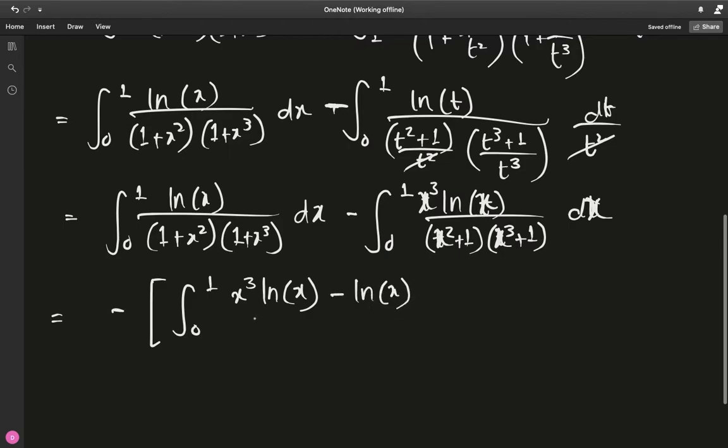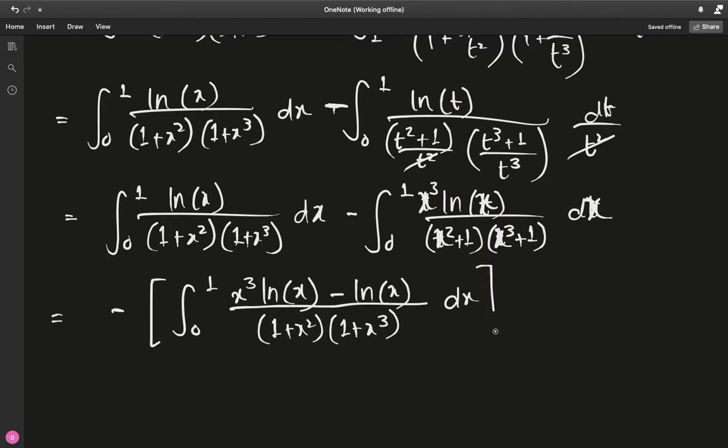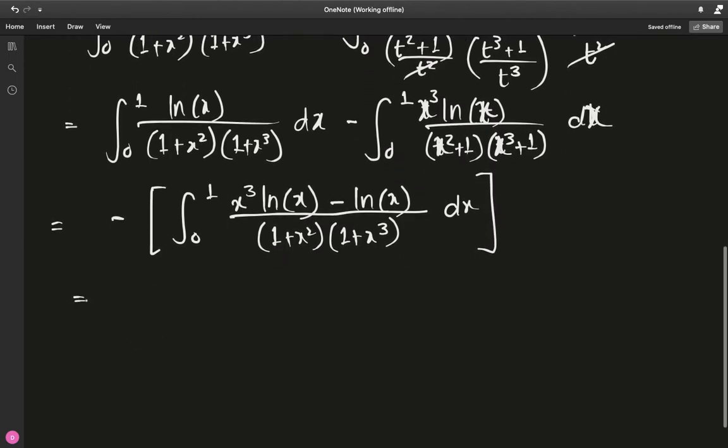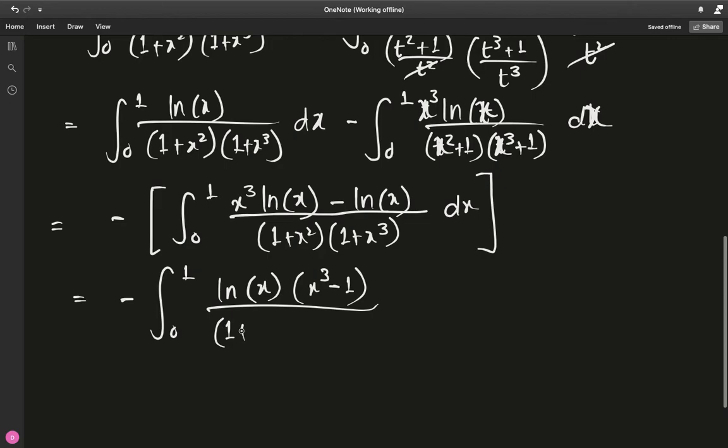Minus natural log of x over 1 plus x squared times 1 plus x cubed dx. So factorizing out a bunch of things like this, natural log of x multiplied with x cubed minus 1 over 1 plus x squared times 1 plus x cubed dx.